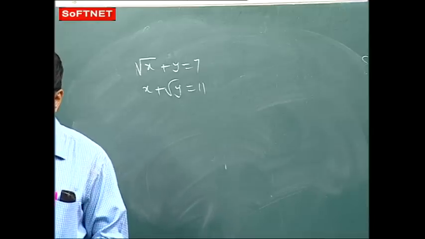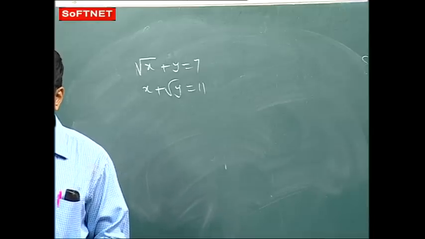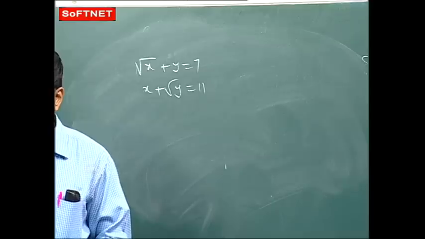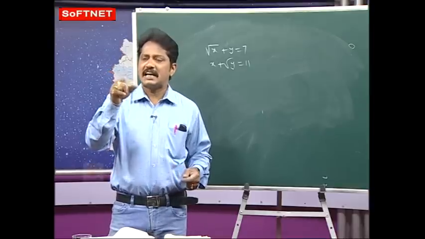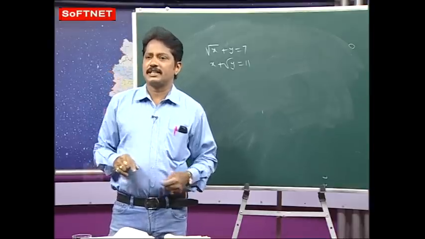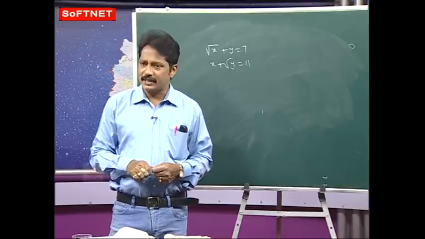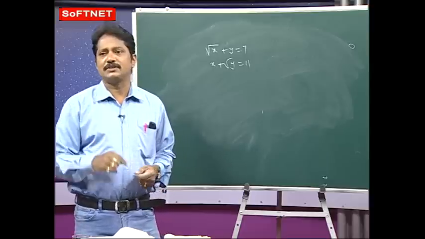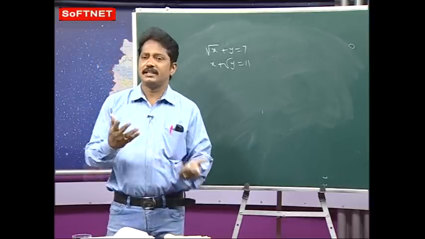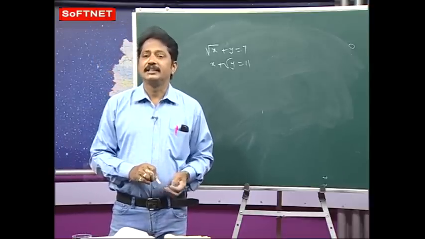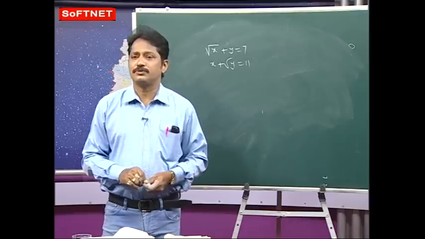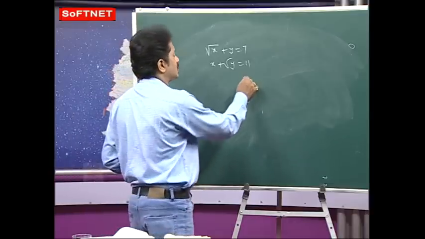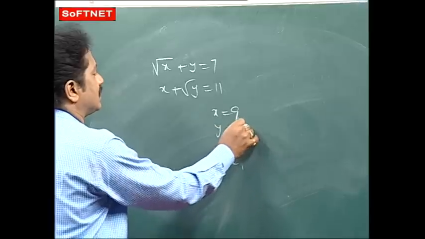Most of them feel that they will convert, saying root x is equal to 7 minus y. Am I correct? And here x is equal to 11 minus root y, and squaring on both sides, finally you may get. Immediately Ramanujan gave the answer: x equal to 9 and y equal to 4.